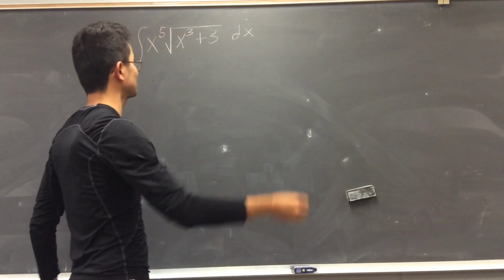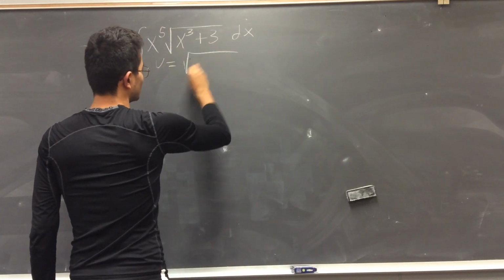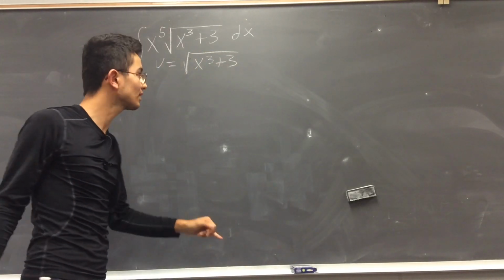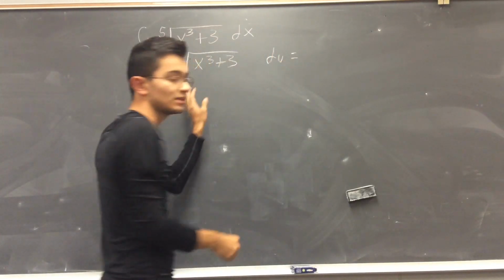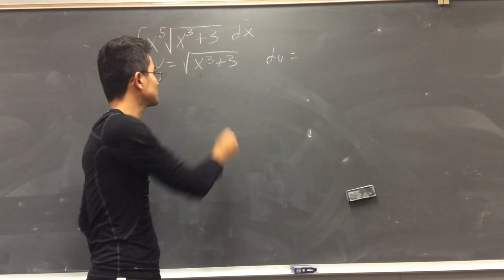Okay, so basically, let u equal the square root of x cubed plus 3. In that case, du will be the derivative of this, right? And for that we have to use the chain rule.